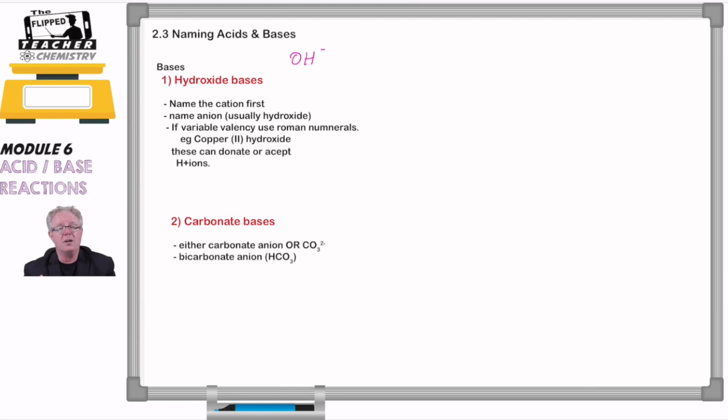Remember when we do ionic compounds, it's the cation first, then the anion. So if I had this one here, then of course that would be sodium, which is the cation, and then hydroxide, okay? If I had magnesium, then that's the cation, and then I have hydroxide.